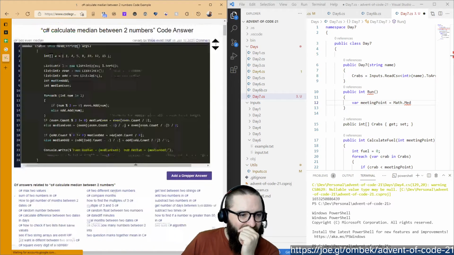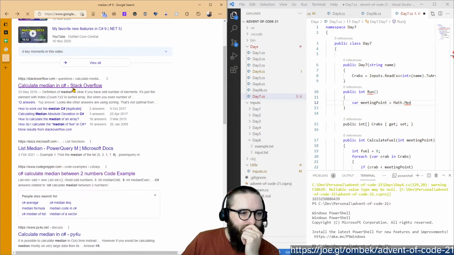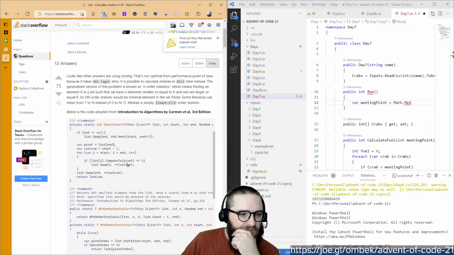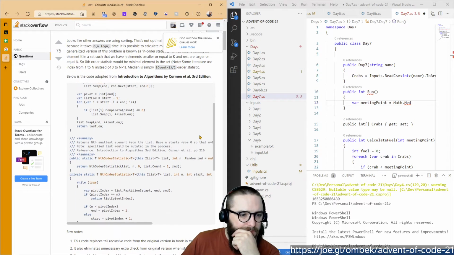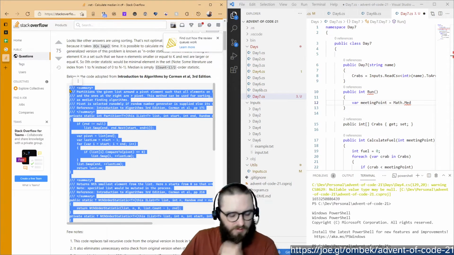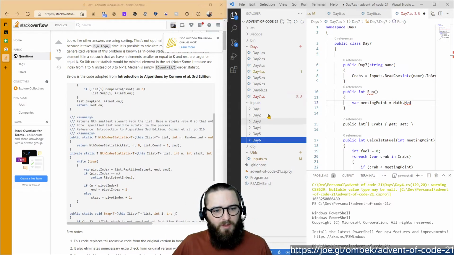Well, that's annoying. So this is using a sort. I don't believe the median's going to work anyway. So this is the ridiculously overcomplicated option, but most performant. So let's steal that. Is it cheating? Yes, but I don't care.